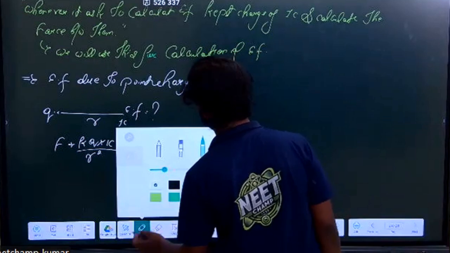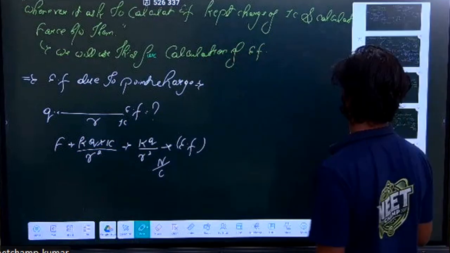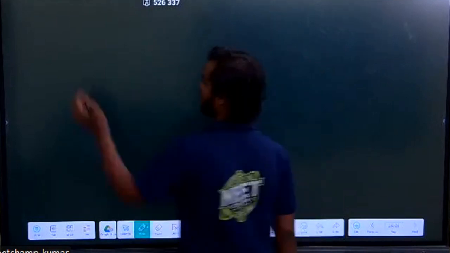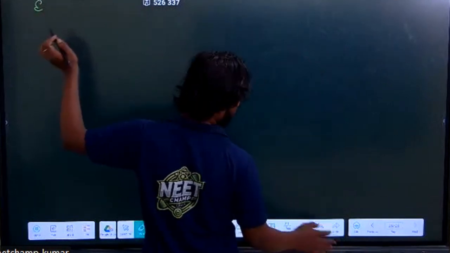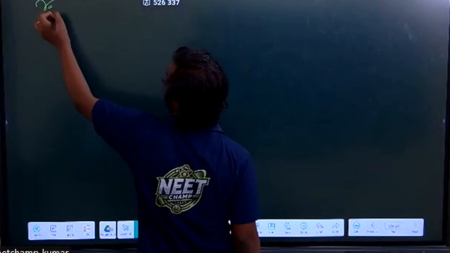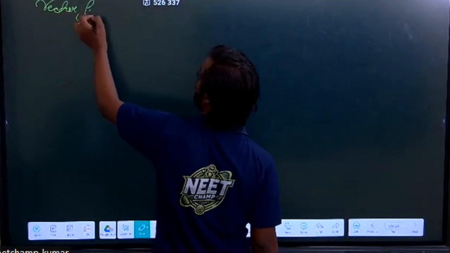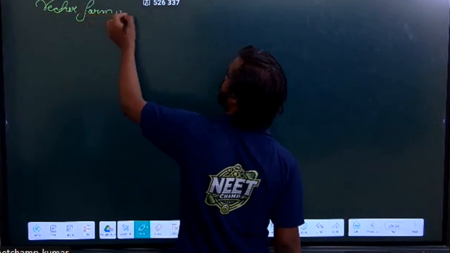Now from here, you have to remember the electric field due to the point charge. Our next important topic is the vector form of electric field. As we have seen the vector form of Coulomb's law, similarly we have a vector form of electric field also.